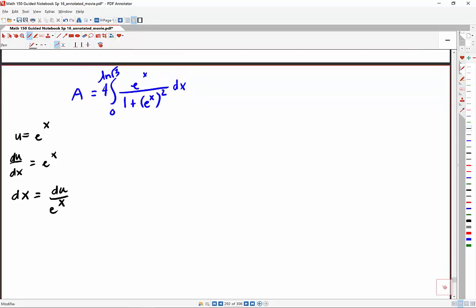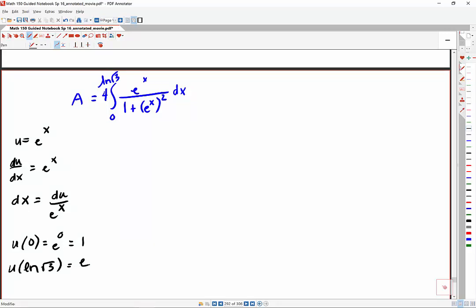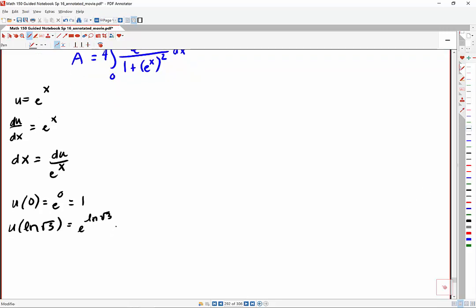Changing our limits of integration, u at 0 will be equal to e to the 0, which is 1, and u evaluated at natural log of root 3 will be equal to e raised to the natural log of root 3. And remember, we are evaluating the natural exponential function at the natural logarithmic function, so we just get what's inside the log out.